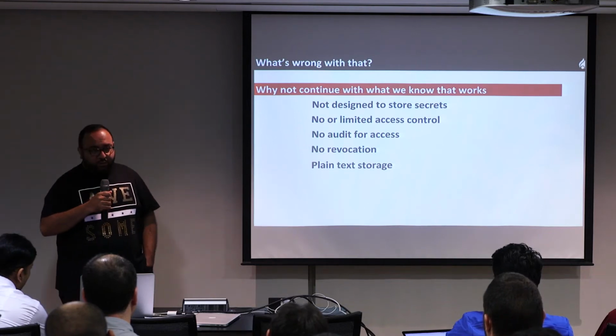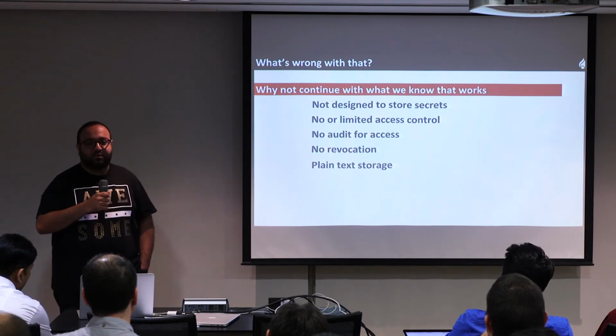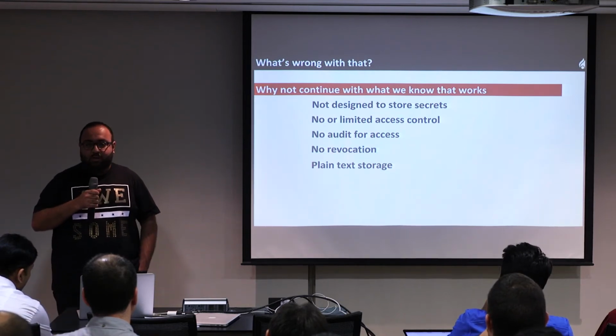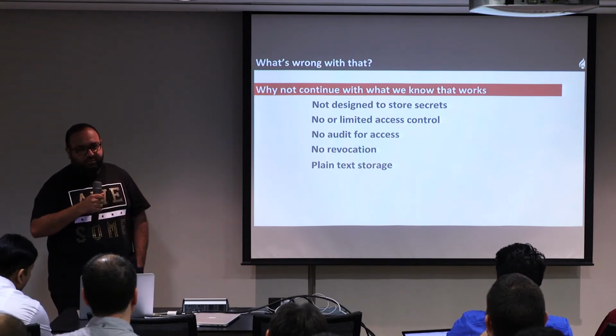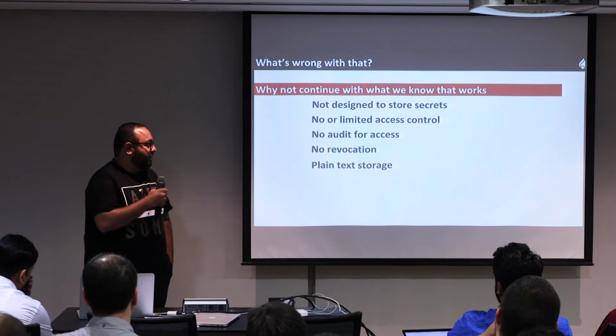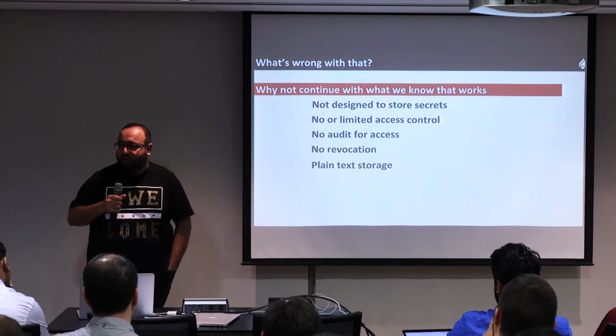So if malicious code actually gets into your system, even that code has access to the environment variable. Almost none of these have, I would say not all, but limited access control or no access control at all.